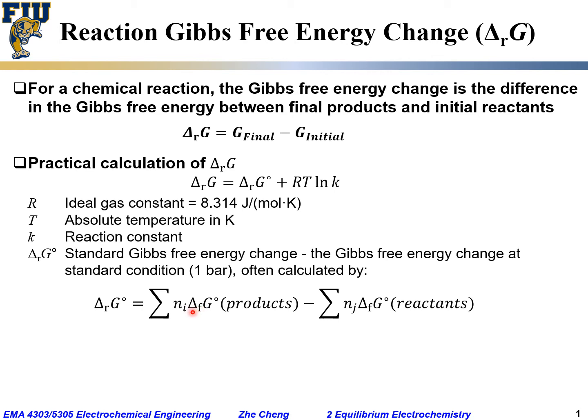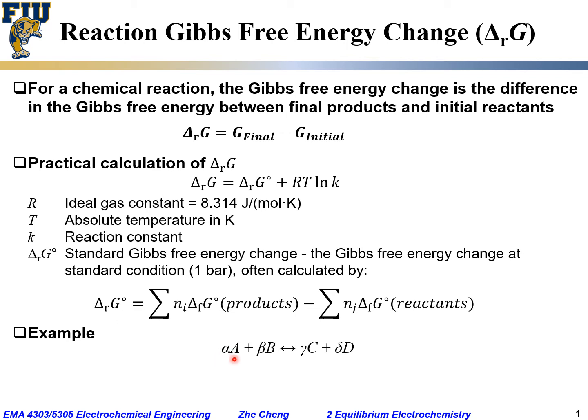You would have the delta FG0 for each of the products times the stoichiometric coefficient Ni, and add them up together, minus the summation for all of the reactants, of the formation energy times the stoichiometric coefficient. So this will give us the so-called standard Gibbs free energy change, delta RG0.